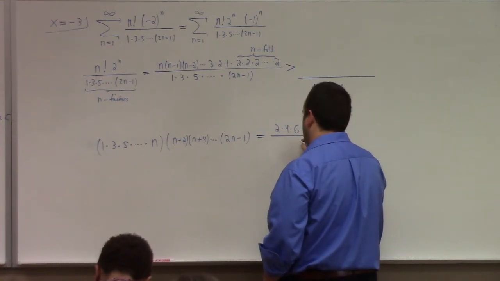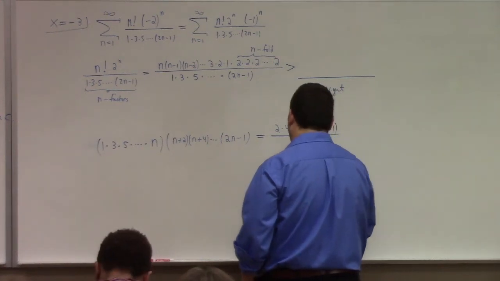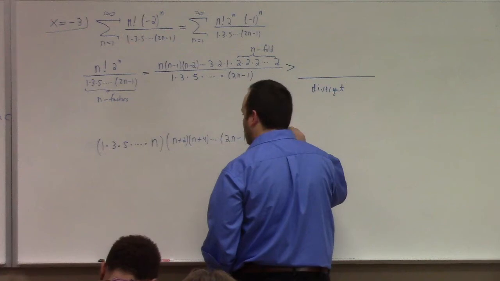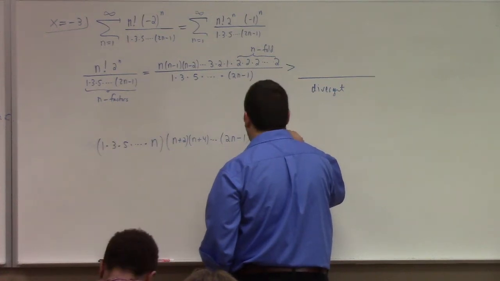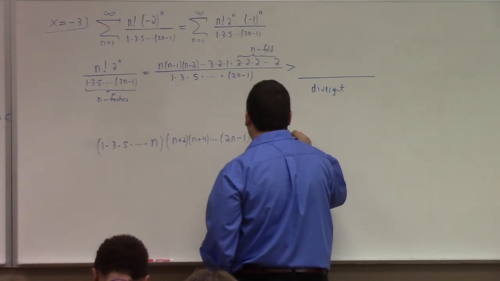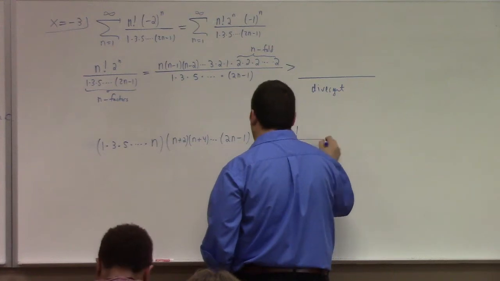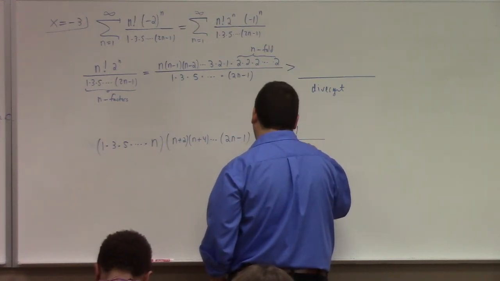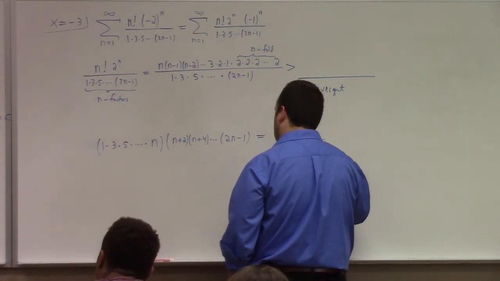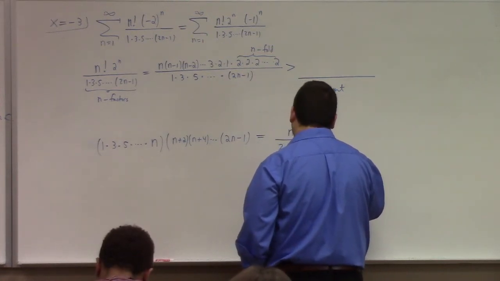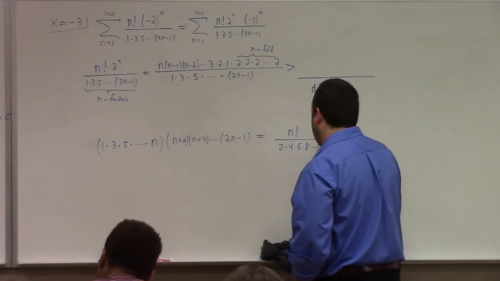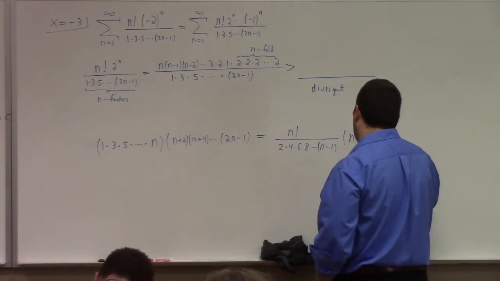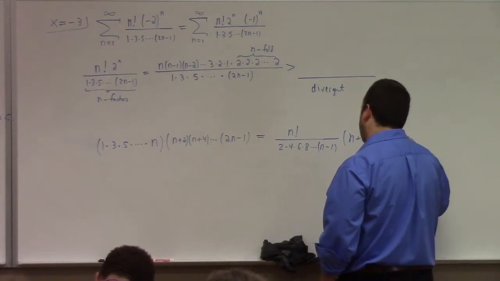Would you be able to check for convergence by doing the ratio test again? No, this is a sequence. So I think that we could write that as n factorial divided by 2 times 4 times 6 times 8 and so forth, all the way up to n minus 1. And then that gets multiplied by n plus 2, n plus 4.